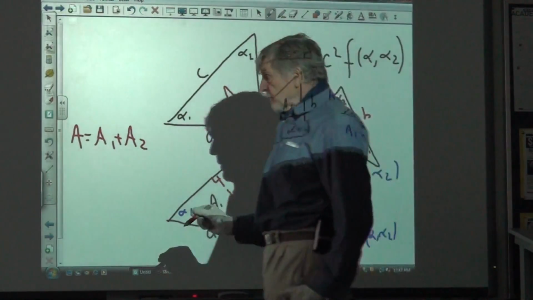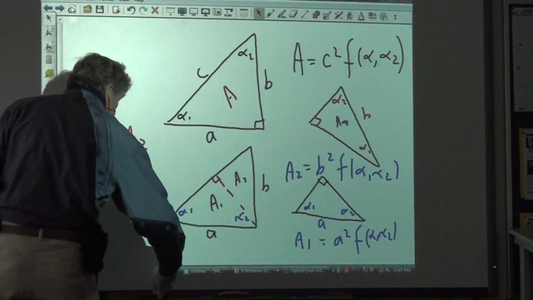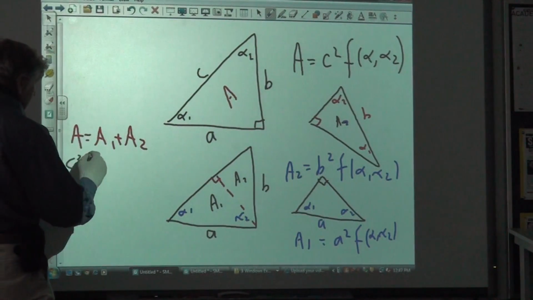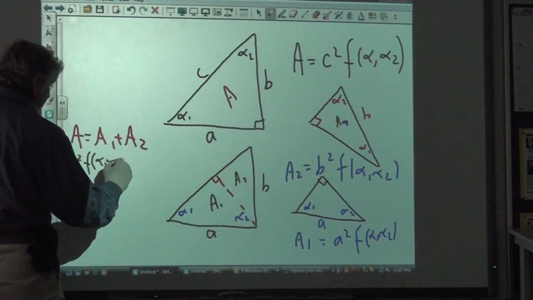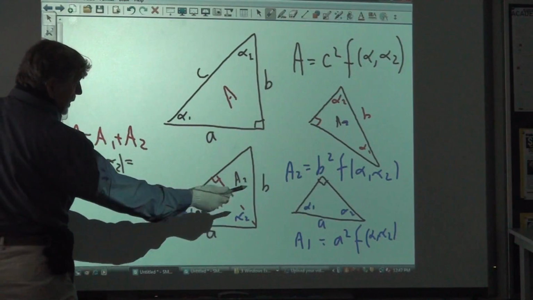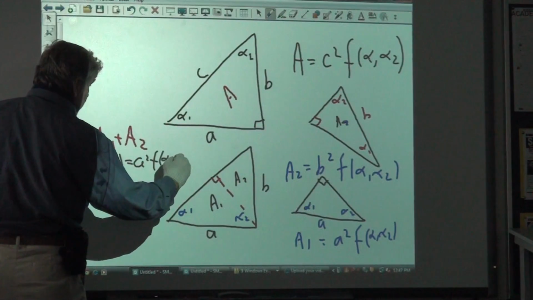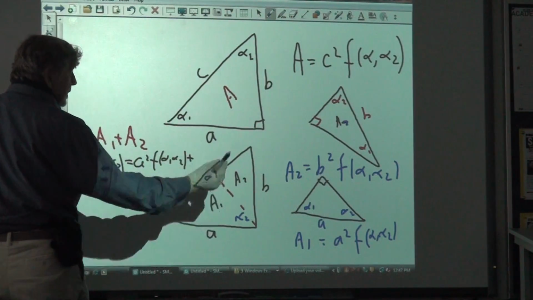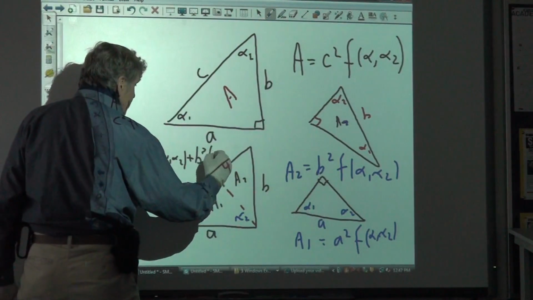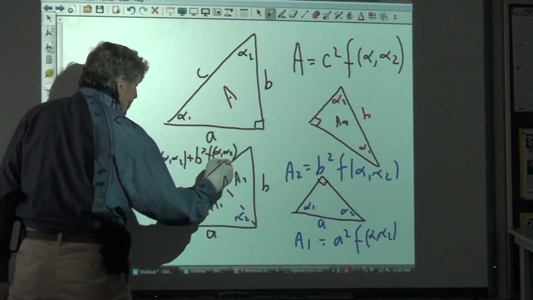However, the original area is c squared times f of alpha 1, alpha 2, and A1 is indeed a squared times f of alpha 1 and alpha 2, and A2 is b squared times f of alpha 1, alpha 2.